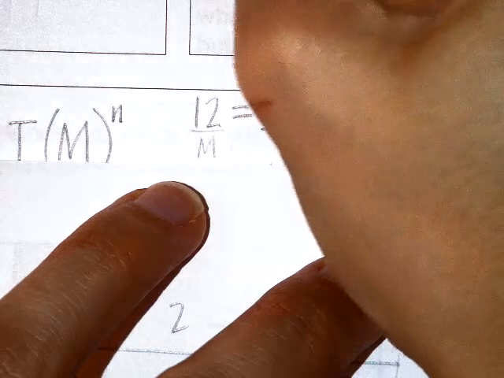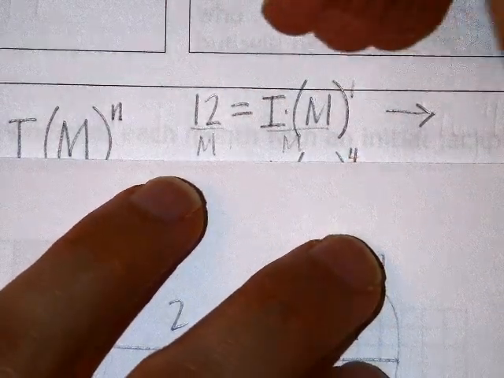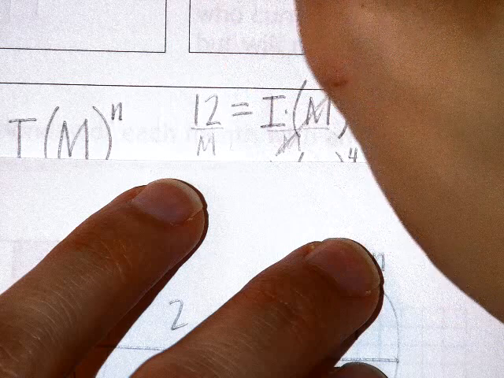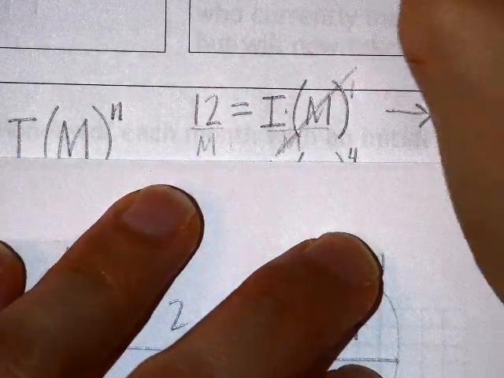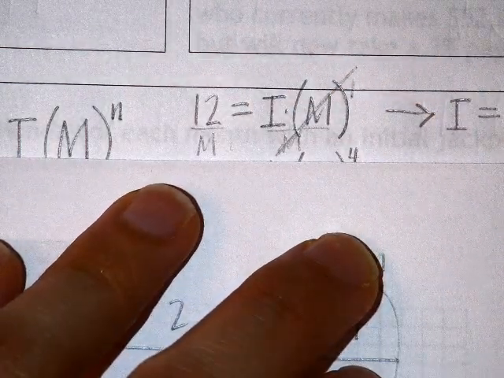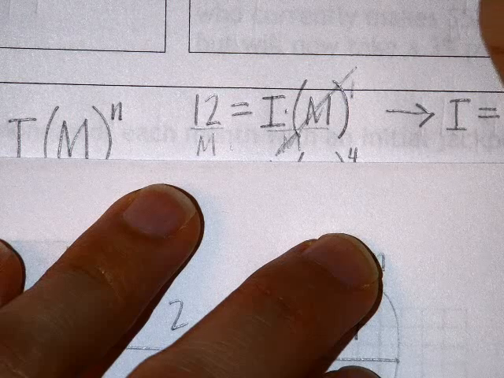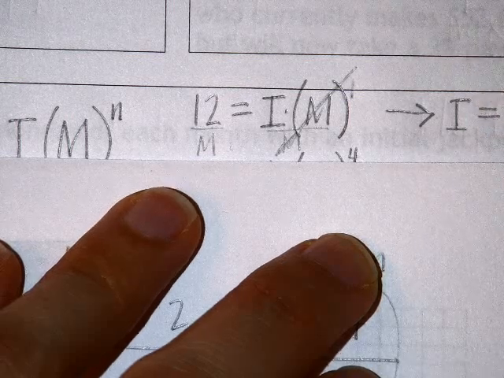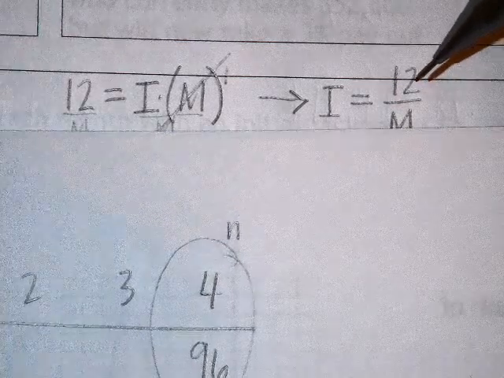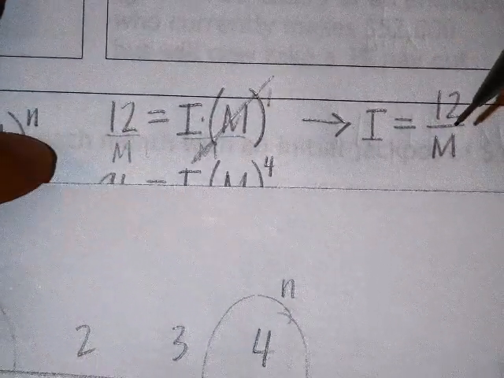So I'm going to divide both sides by m. That's going to cancel the m, which is good, and that gives me I by itself, that's what I wanted, equals 12 over m. Now, it looks like I'm supposed to be able to solve that, but I'm not.